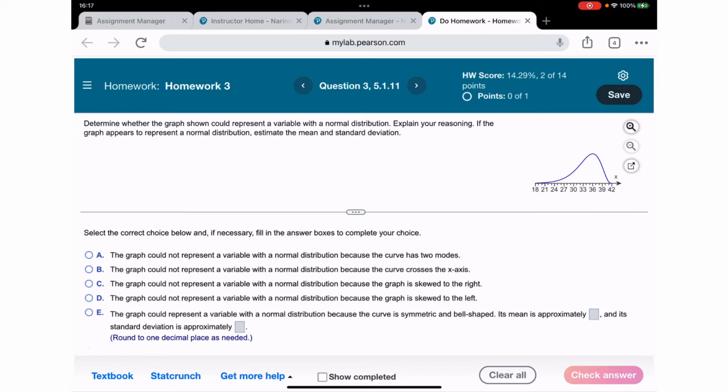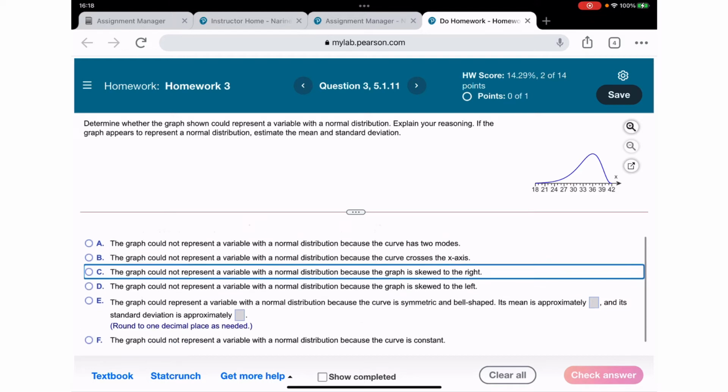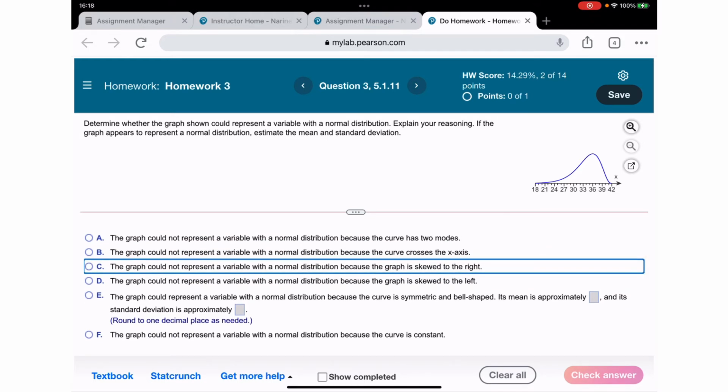Next one. Determine whether the graph shown could represent a variable with normal distribution. Absolutely not, because the data are skewed. See, it's not bell-shaped. Explain the reasoning. If the graph appears to represent a normal distribution, estimate the mean and standard deviation. It does not appear to be a normal distribution. The data are skewed. The graph could not represent a variable with a normal distribution because the graph is skewed to the left.